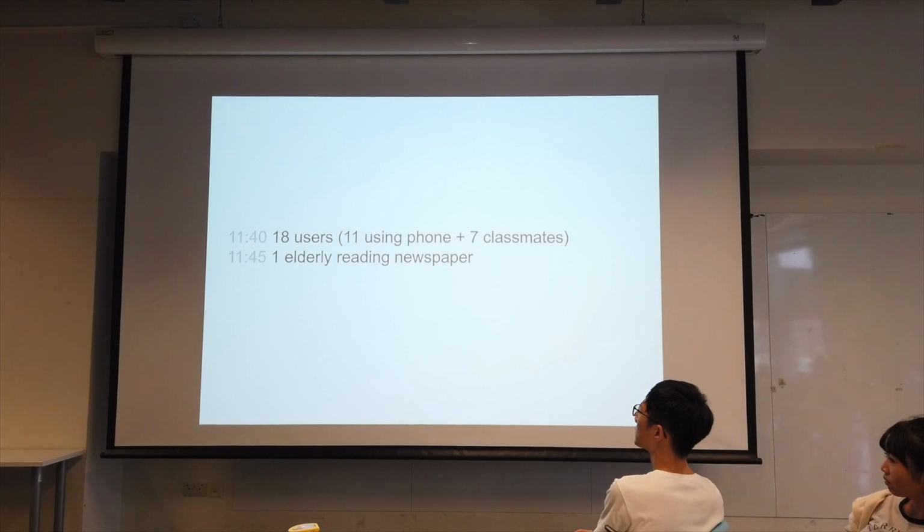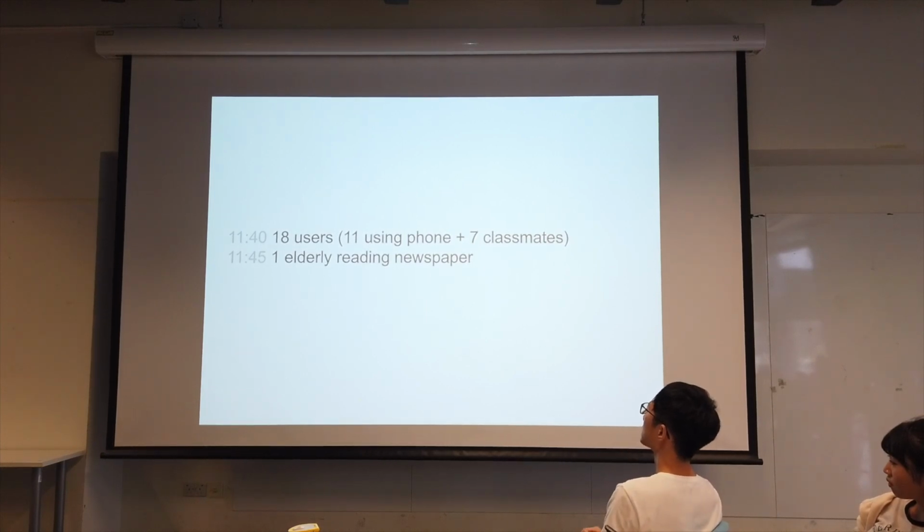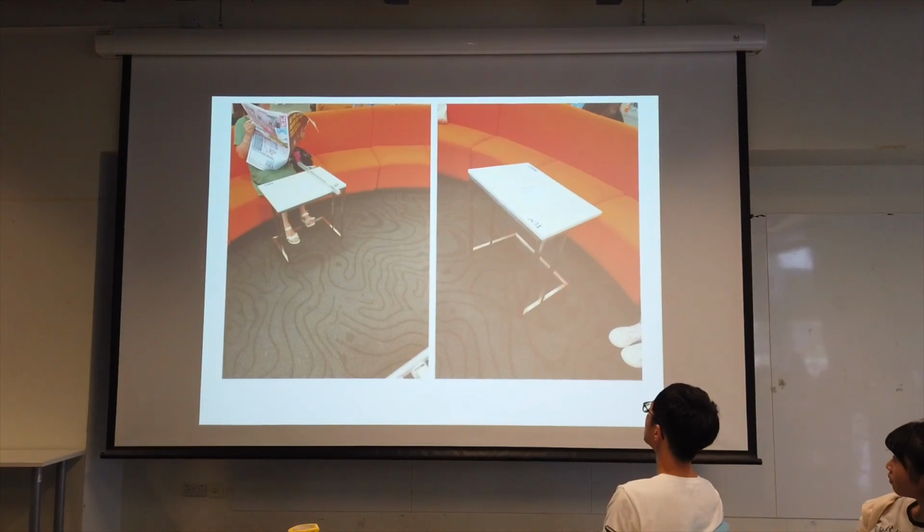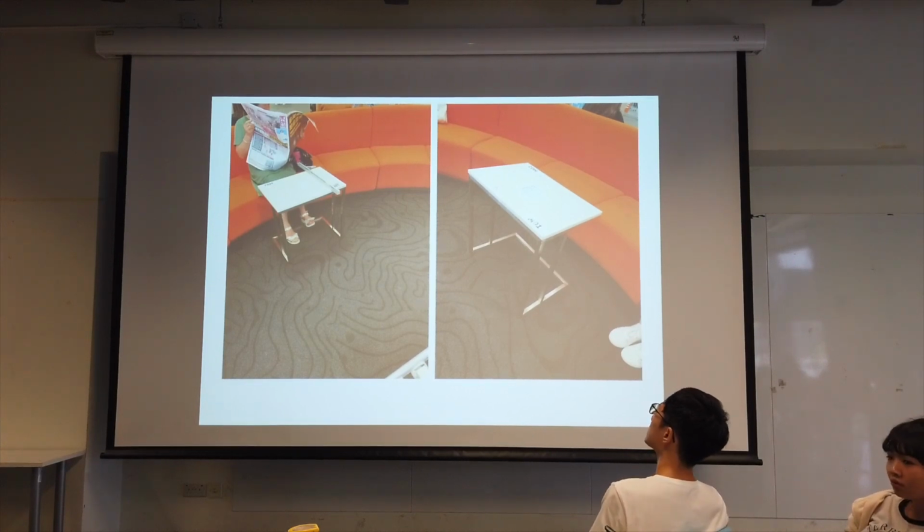But after 5 minutes, an elderly woman came to the newspaper area to read newspaper, which is the only person who reads newspaper. She spent around 5 minutes playing with her phone and finally started reading newspaper. She got the newspaper from the newspaper rack in the middle, where there is a binder for each newspaper.